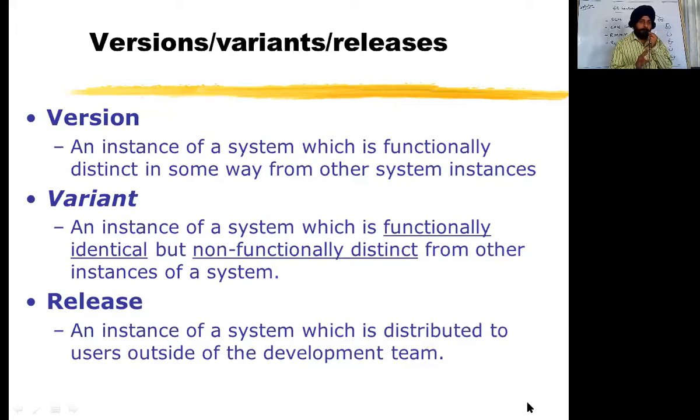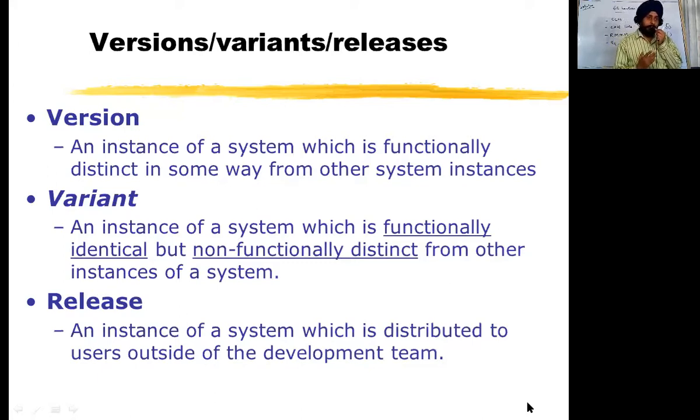So in one version there are some different functionalities and in another version there are some different functionalities. It is an instance of a system which is functionally different in some way from other system instances, meaning there may be a difference in functionality in one version with respect to another version.